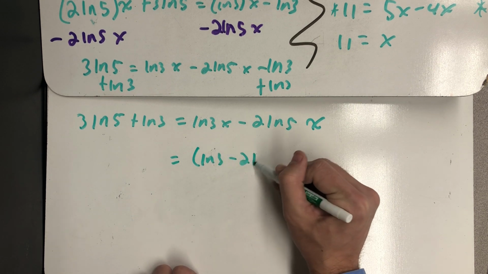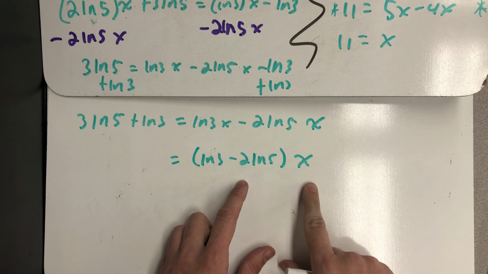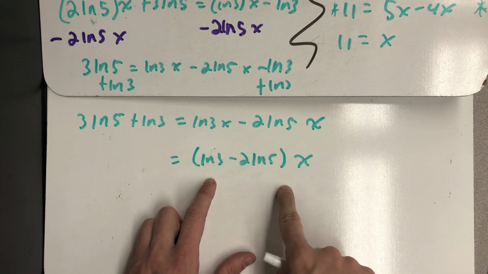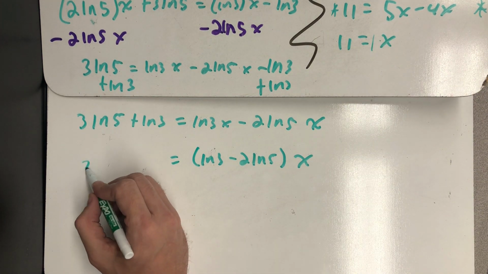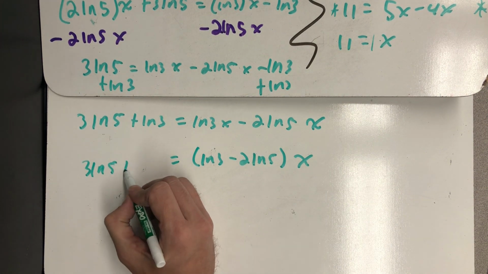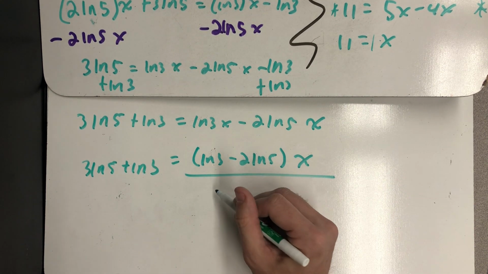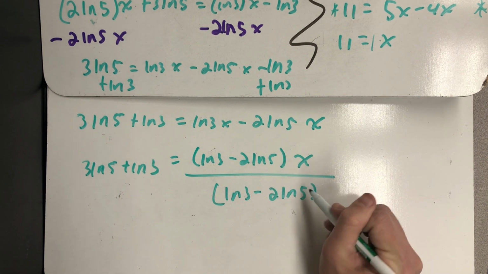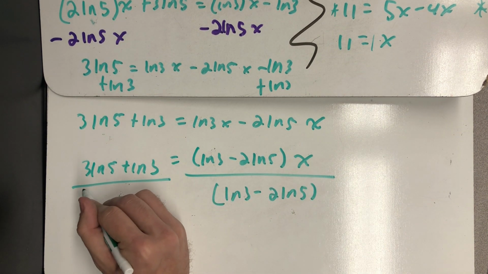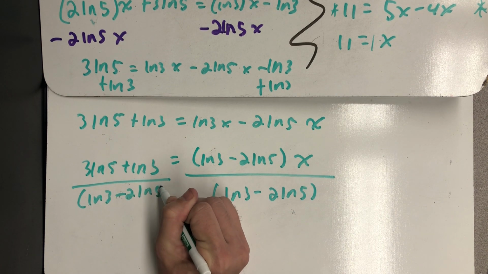And this is the equivalent part to combining like terms, because now I have a number times x, just like this was 1 times x. All right, now to get x by itself, I just divide by that number. Divide both sides by that number, I should say.